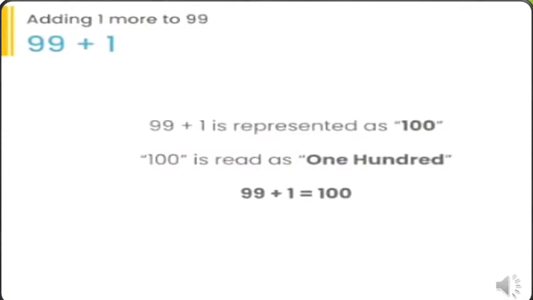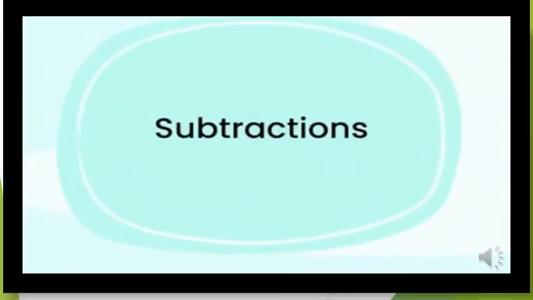Adding one more to 99, 99 plus 1 is always represented as 100. 99 plus 1 is always equal to 100. Okay, I think additions are clear. Now we will see some examples for subtractions.